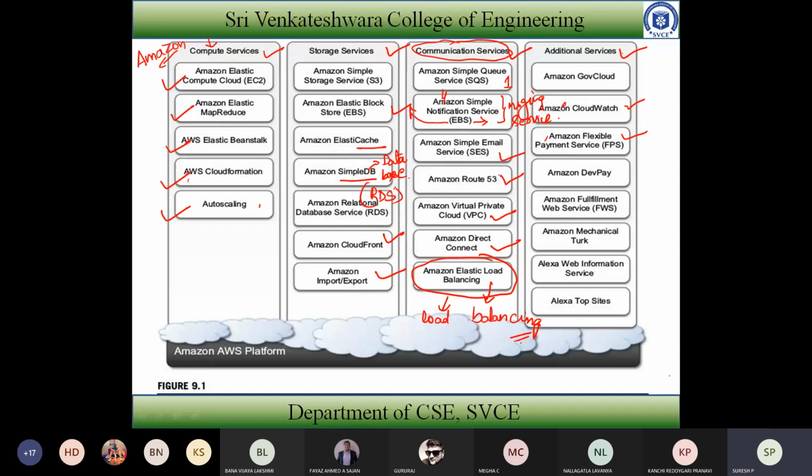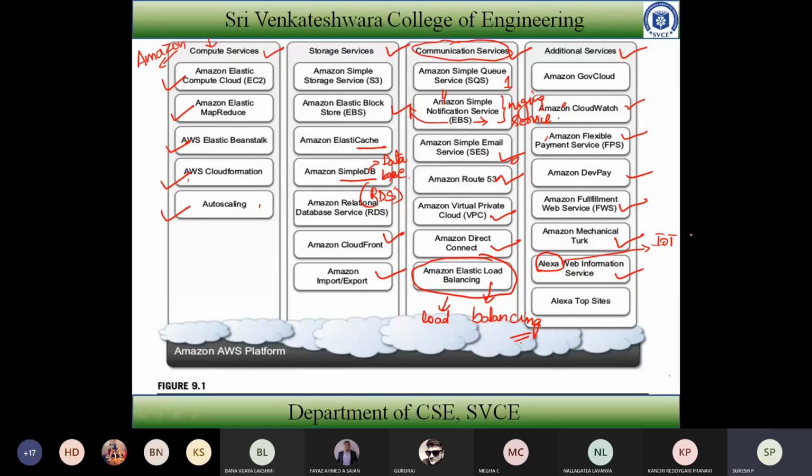So next is device pay. You're going to have Amazon device pay. So next is Amazon fulfillment web services. Next, Amazon Mechanical Turk is there. Alexa Web Information Service you're going to have. All of you know what we mean by Alexa already. This is with respect to the IoT concept.